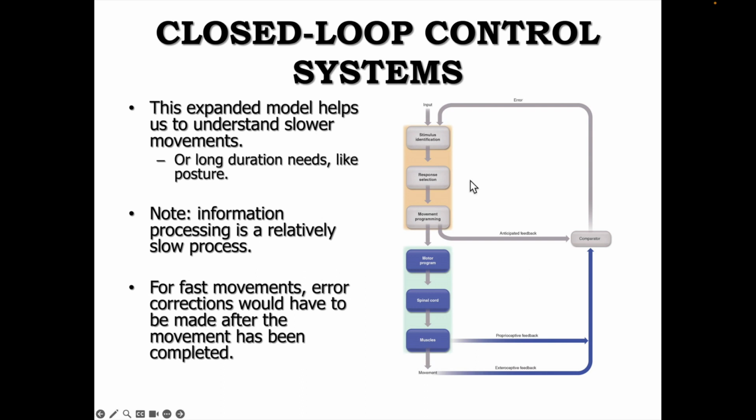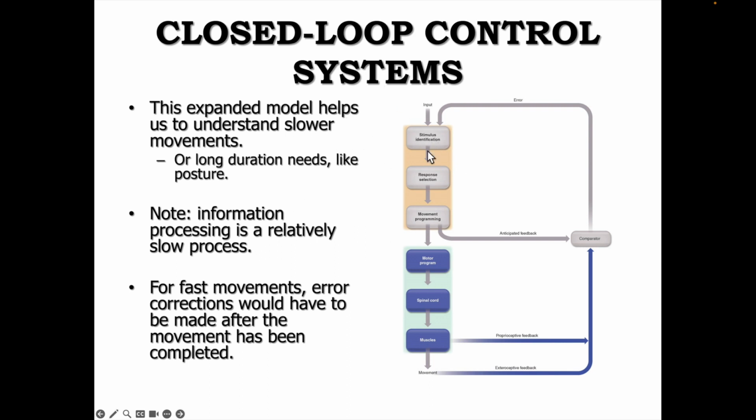If you take that simplified model of the closed loop control system, we can expand it to help us understand how we can control slower movements, or long duration movements, like holding a particular posture.